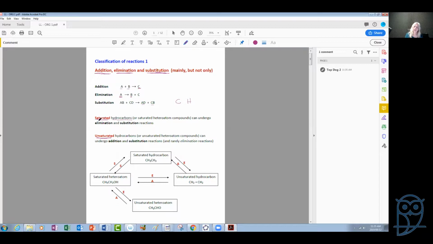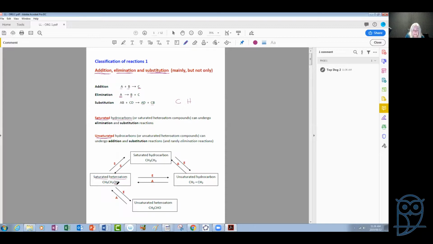There is a variation of the saturated hydrocarbons, which we can call saturated heteroatom compounds. Like here, for example, look at this term, saturated heteroatom. It's actually a hydrocarbon, but one of the hydrogens could be something else. The hydrogen has been replaced by another type of atom or another functional group.